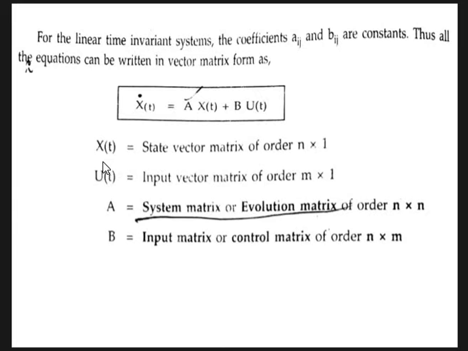Here x of t is the state vector of order n into 1, u of t is the input vector of order m into 1, A is the state matrix or evolution matrix of order n into n, and B is the input matrix or control matrix of order n into m. This is regarding the state variable equations.